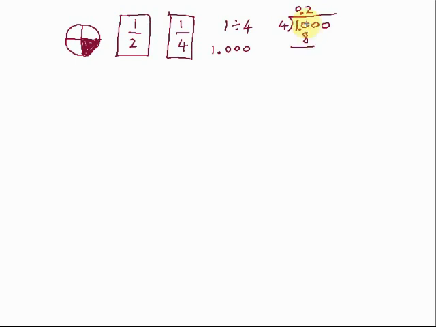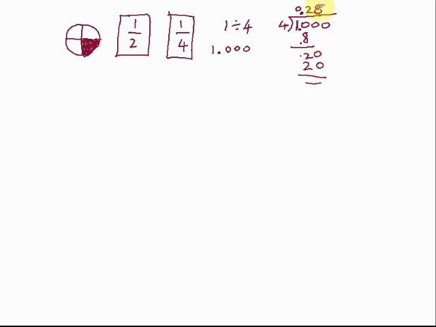So 8 from 10 is 2. Now bring down this 0, and we've got 20. 4 into 20, does that go? Yes, it goes 5 times. And 4 5s are 20, so we're done.